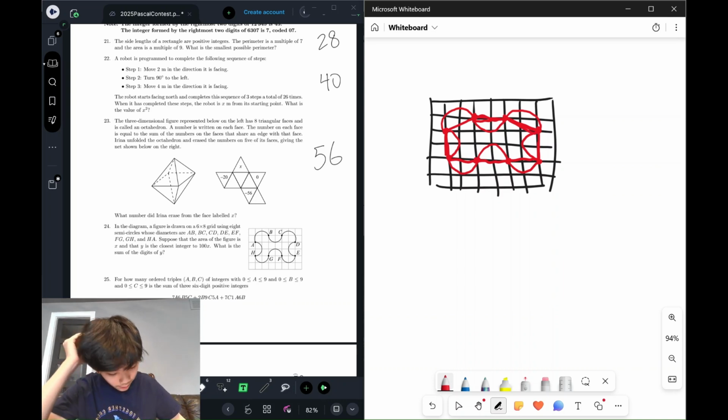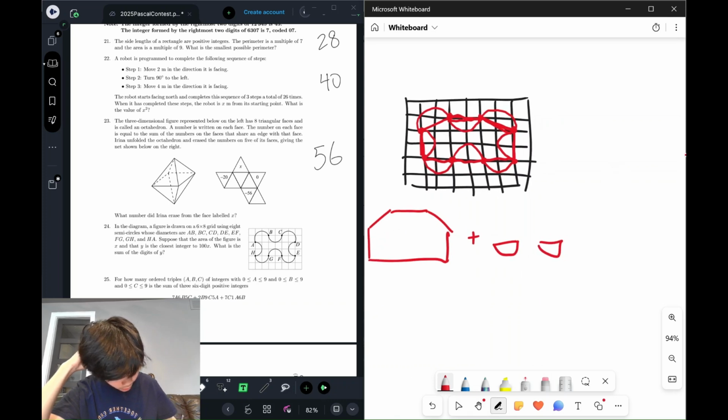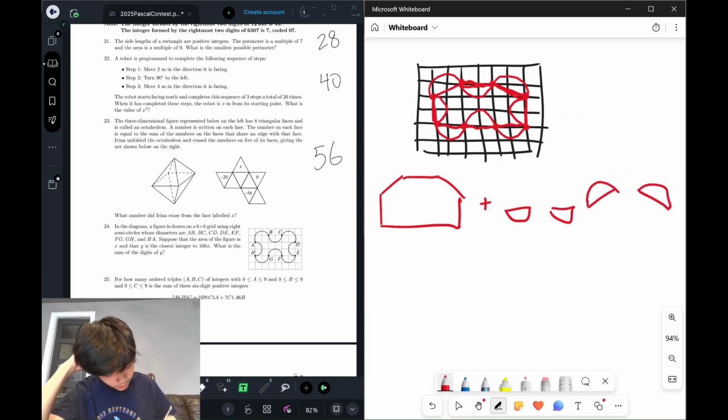So we notice that the area that we want consists of this polygon over here. We add 2 semicircles on the bottom and 2 semicircles on the top, and then we subtract 4 semicircles.